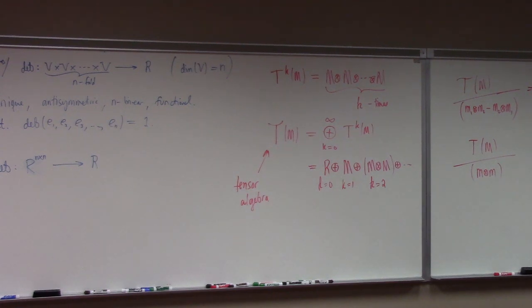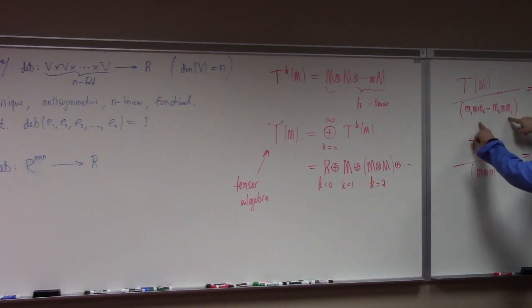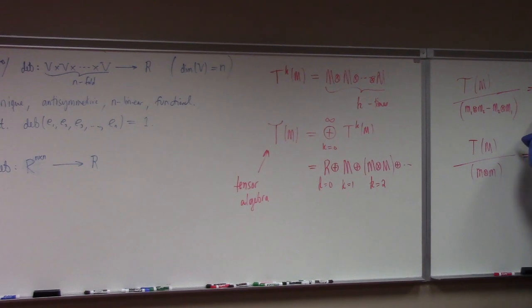Yes, Bethany? So for the first one, the things that do commute are 0? Is that what you said? Well, since we're quotienting by that, in this space you can commute tensor products. If we have the tensor product of anything with itself, it's 0.